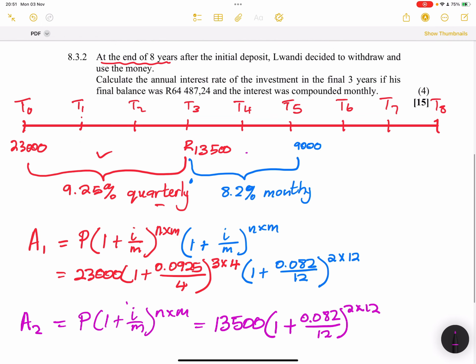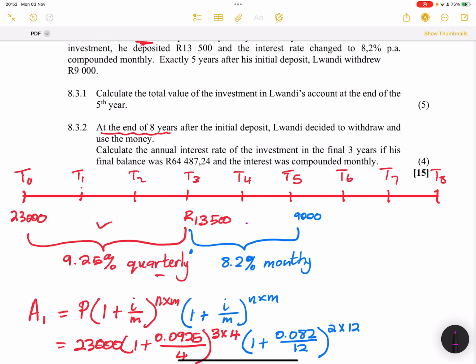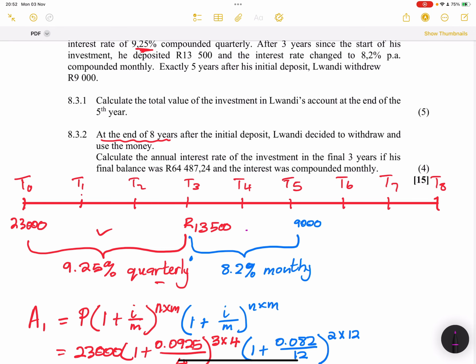Now, remember, they said to us calculate the total value at the end. So when did she make the withdrawal? They said exactly 5 years after the initial deposit, Lwandi withdrew 9,000 rands. So in this case, I'm assuming that she makes the withdrawal at the end of that 5 years.